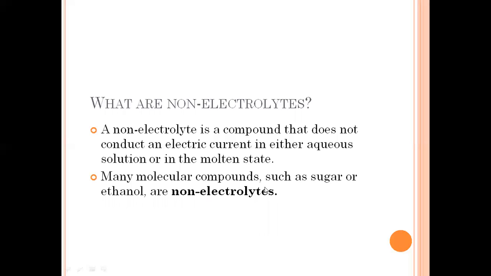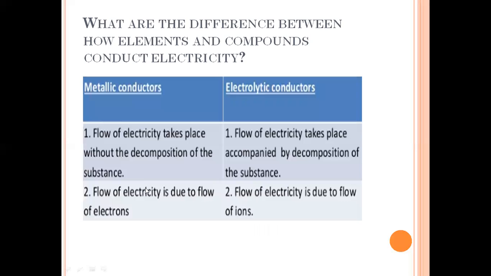That's why they never pass electricity through them. Many molecular compounds such as sugar or ethanol are non-electrolytes because free ions and electrons are not present in the sugar molecule and ethanol.